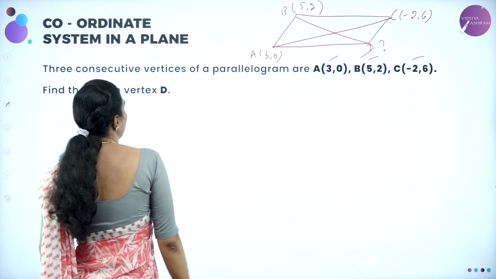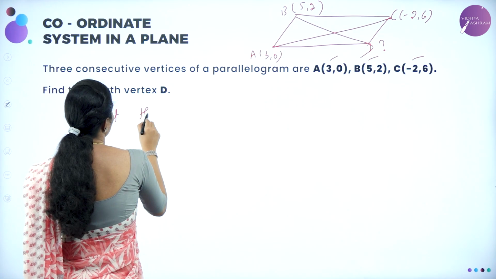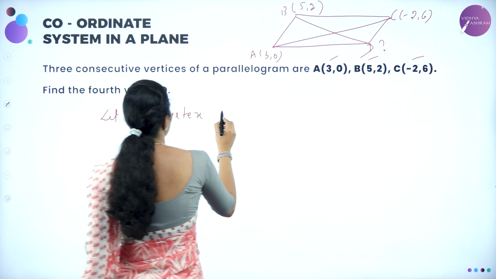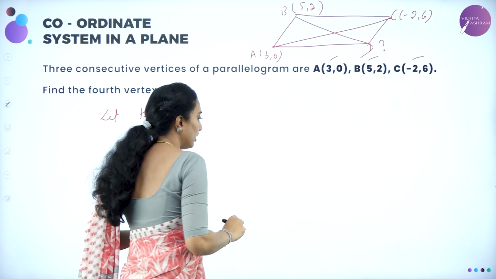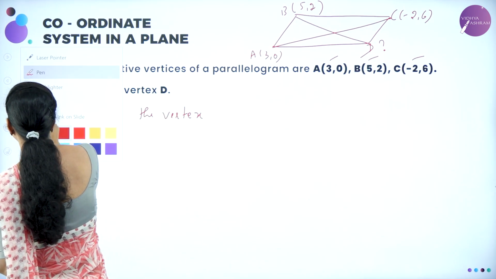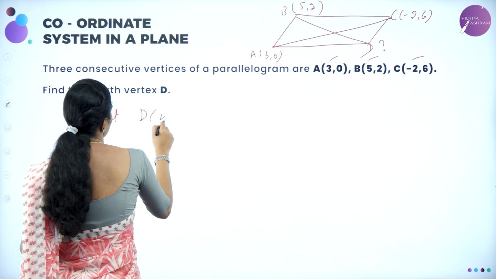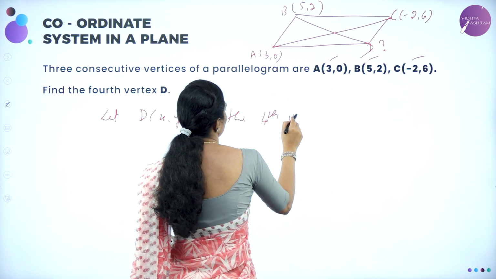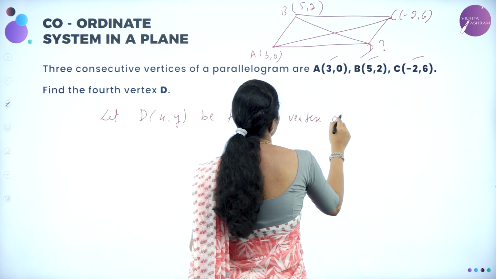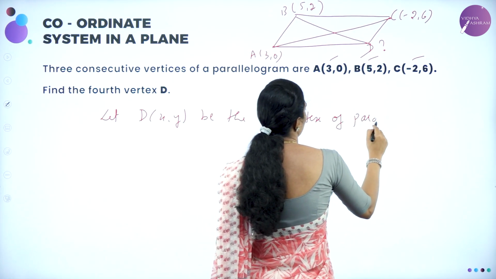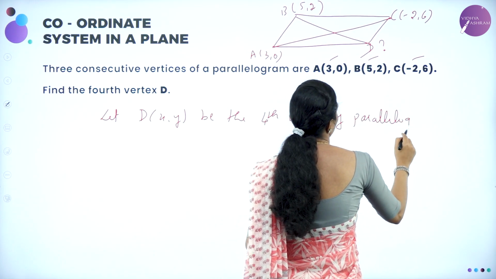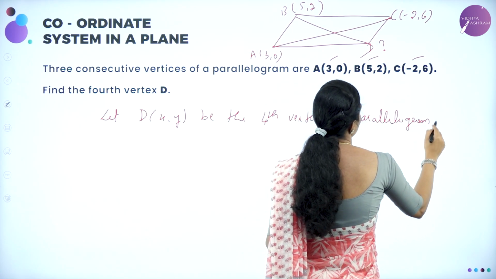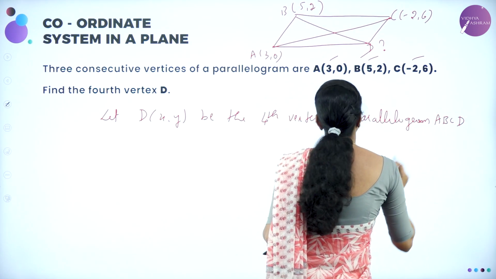So let the vertex D be D of x comma y, I am going to take it like that. Let D of x comma y be the 4th vertex of parallelogram ABCD, right?